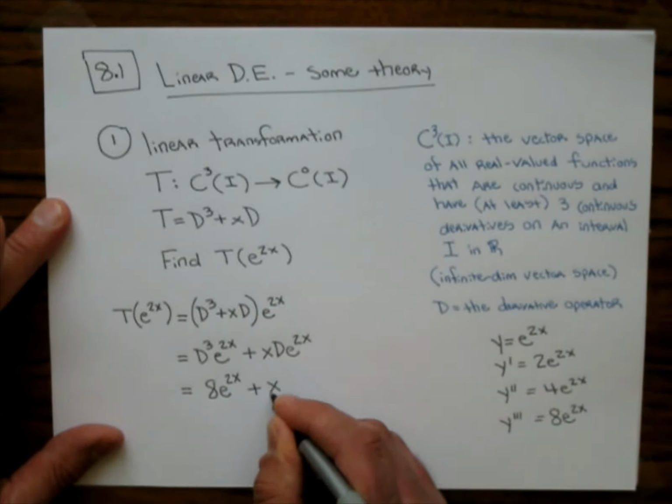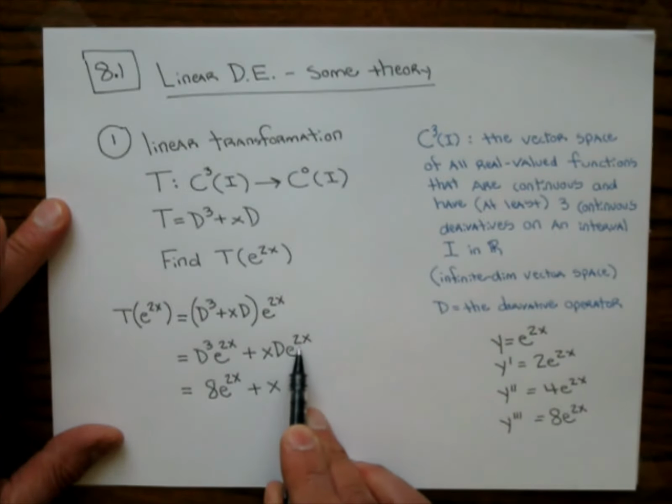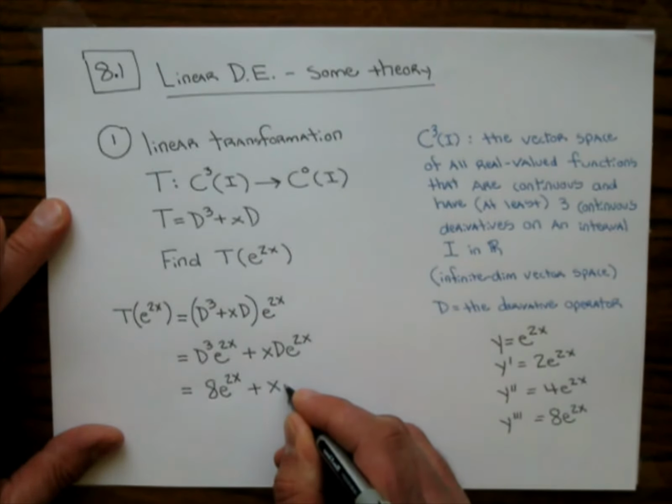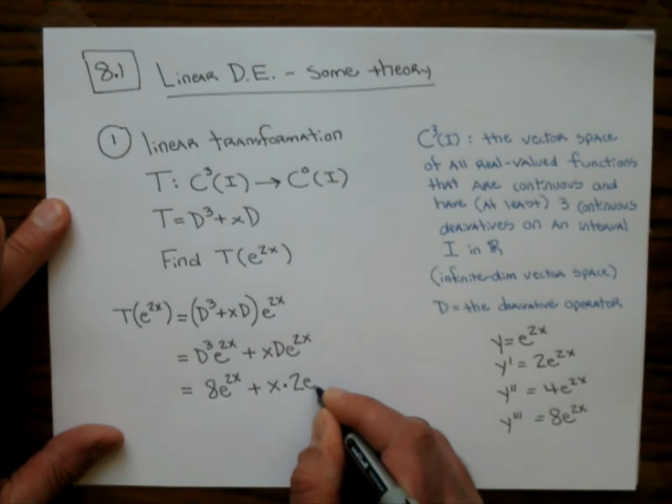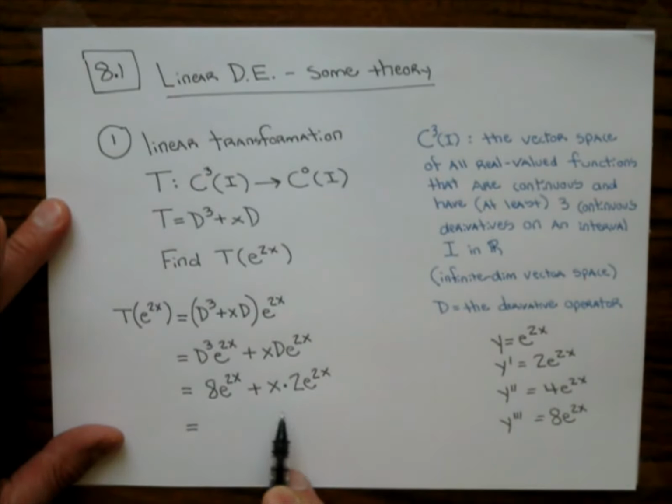Now, I'm going to write the x there because the derivative operator only operates to the right. And so I'm taking one derivative of e to the 2x, which we see is 2e to the 2x. Now that the derivative operators are gone, I can rearrange things.